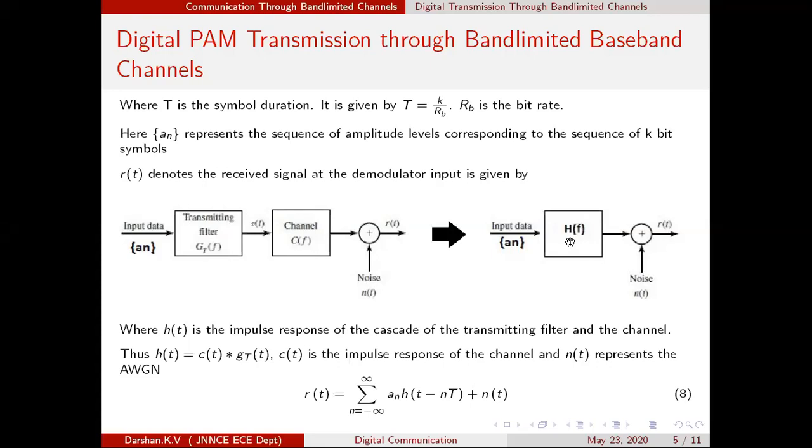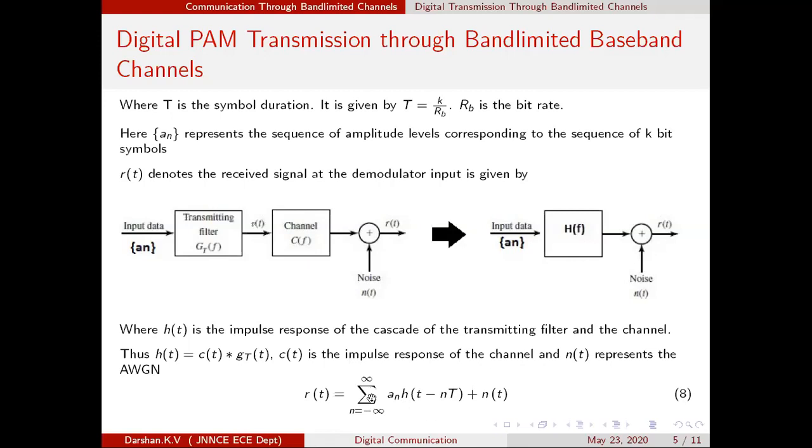What does H represent? It represents the combined contribution of the transmit filter and the channel. Therefore R of t is represented as the sum of an, which represents the symbols, times H of t minus nT. That is obvious, because this is passing through the block with transfer function H of f or impulse response H of t.